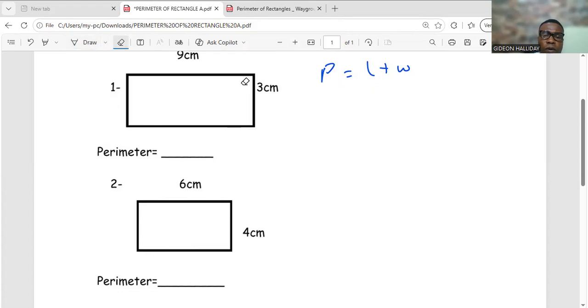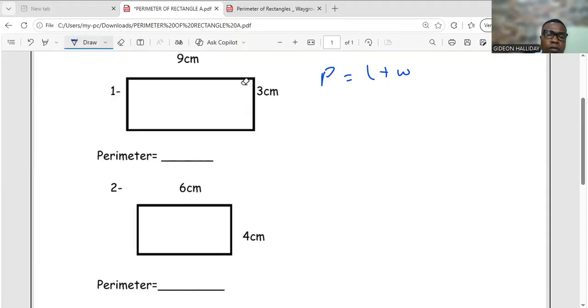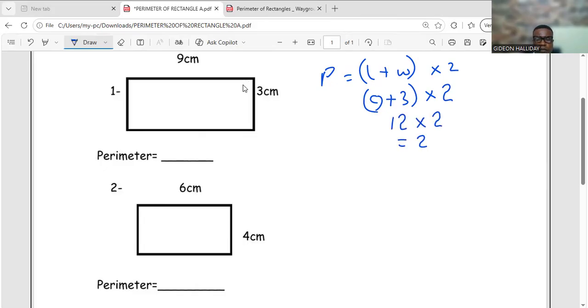Okay, I can do times 2, right? So L is 9, so just do 9 plus 3, then times 2. 9 plus 3 is 12. 12 times 2, and that's 24.